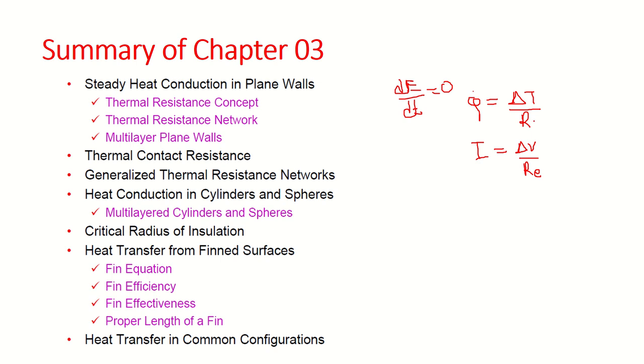Over here it is thermal resistance, over there it was electrical resistance. But in both of them you can see the driving force: in current it was potential difference, and over here it is temperature difference. The driving force in the rate of heat transfer is temperature difference, and current is similar to the rate of heat transfer. We know from Ohm's law, I is equal to delta V over R.